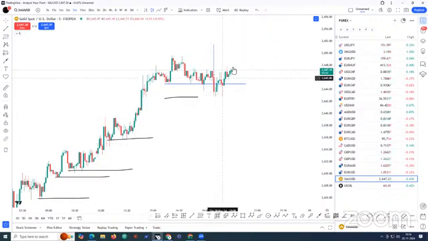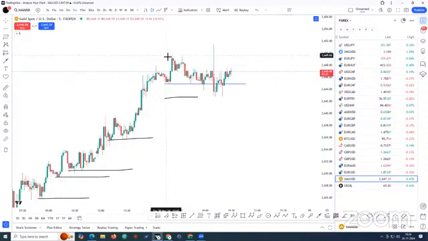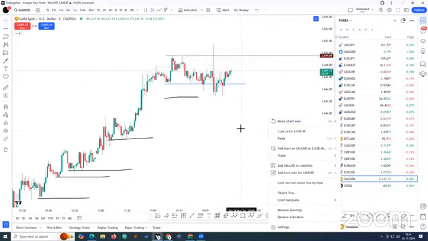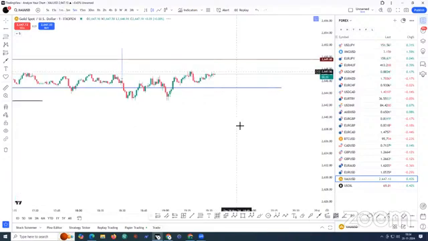So here the possibility of going up, or I would like to go down, until and unless it closes above and breaks the 2650 level. Okay.